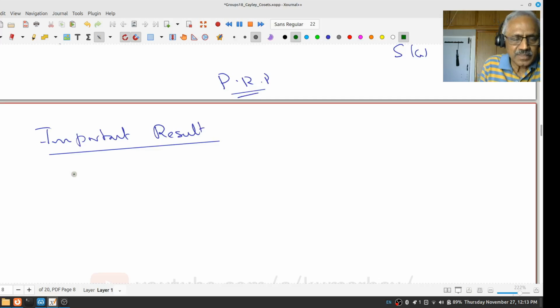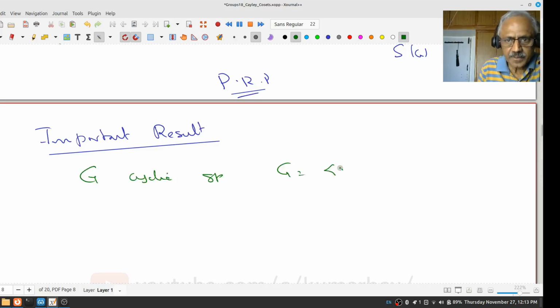What is that? Suppose G is a cyclic group, say G equals generated by a, of order n. Then we set up a map f from Z mod n to G. How did we do it?